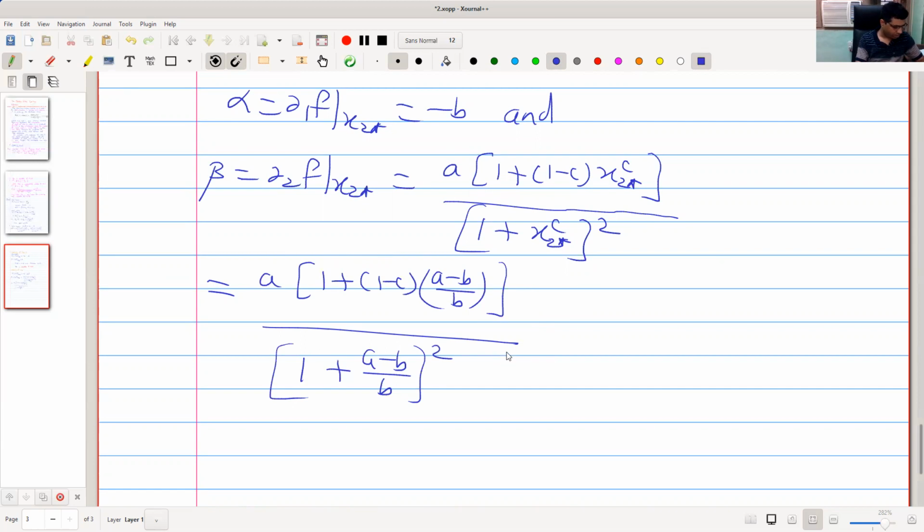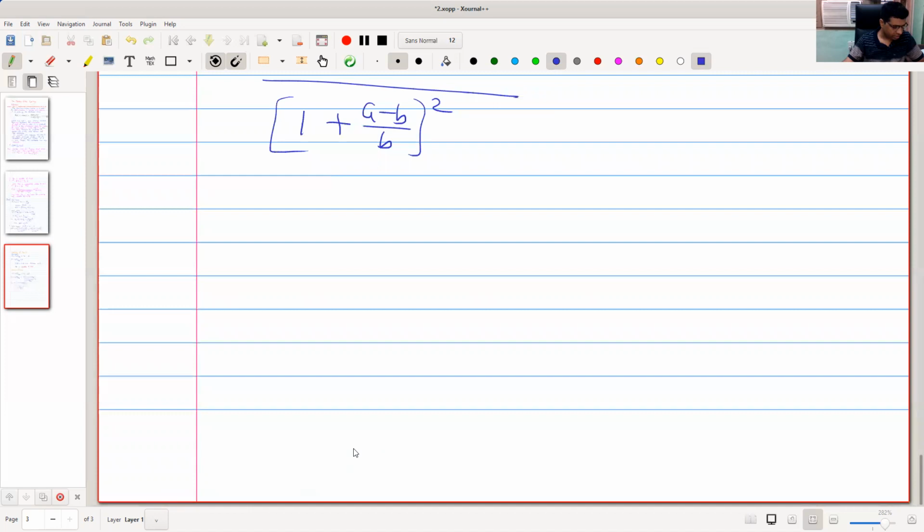After simplification, this becomes (b minus a) multiplied by bc divided by a plus b. This you need to verify.